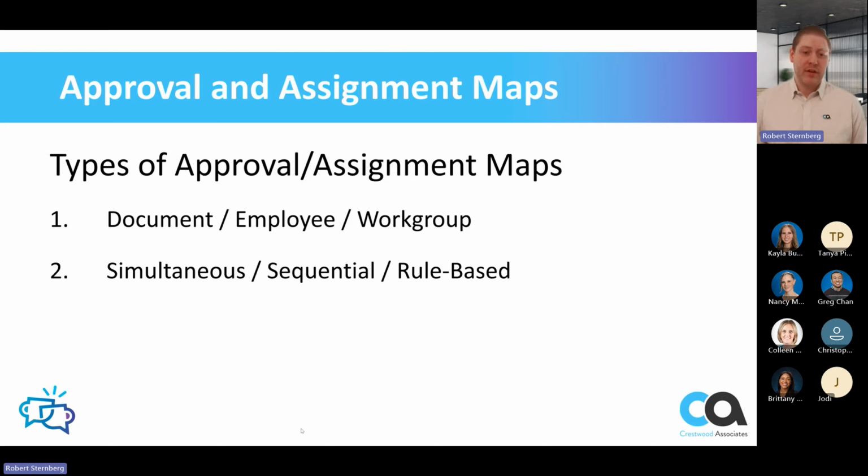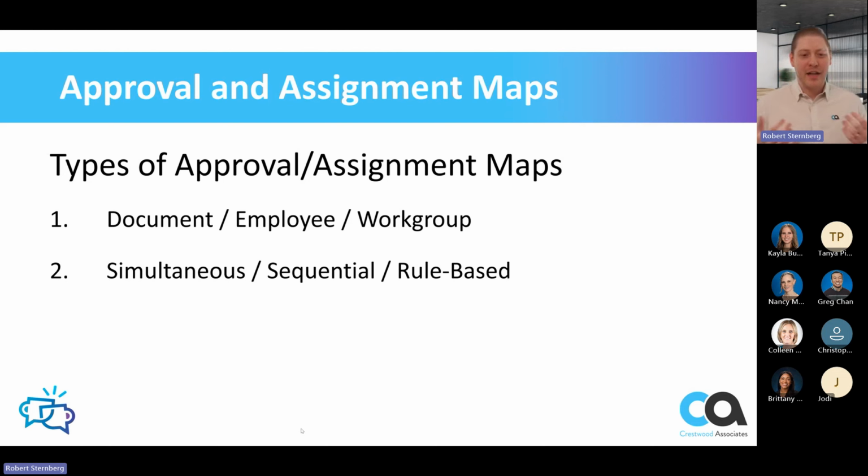We'll work with you to define a set of rules that are applied through the mapping process. So whether you have dollar thresholds or specific items that trigger an approval, Acumatica's system is quite flexible. And again, it allows you to provide that reproducible effort for compliance needs.